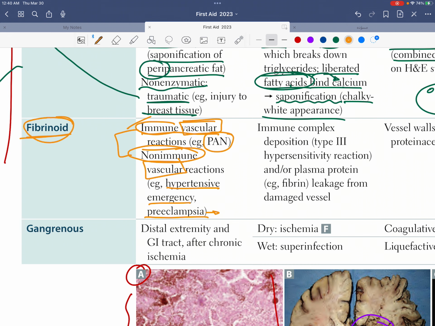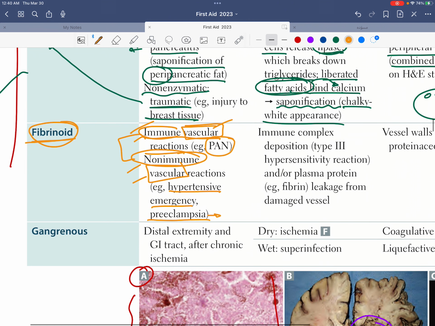So that's the fibrinoid. If it's a vascular tissue, then it's a fibrinoid. It could be either an immune or non-immune reaction. It's due to immune complex deposition. That's some kind of hypersensitivity. That's type 3 hypersensitivity, when the antibody and the antigen attach together and deposit in the tissue.